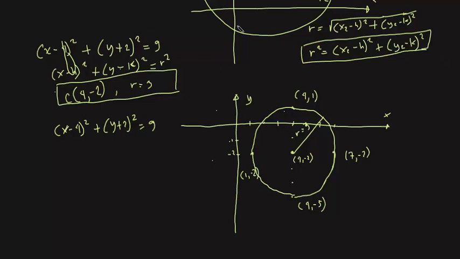The h would be just the opposite sign. If we have positive right here, you can have negative in its value. It's either k or h. Then for the r, we simply take the root of the value.